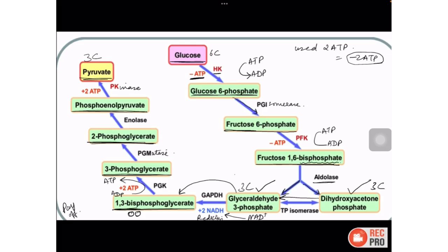And the cycle from here will take place 2 times because there is cleavage. One molecule of glyceraldehyde 3-phosphate, the same reaction will follow in the second chain. Hence, in this we see that 2 plus 2, 4 ATP molecules are produced and 2 molecules of NADH are produced, right?